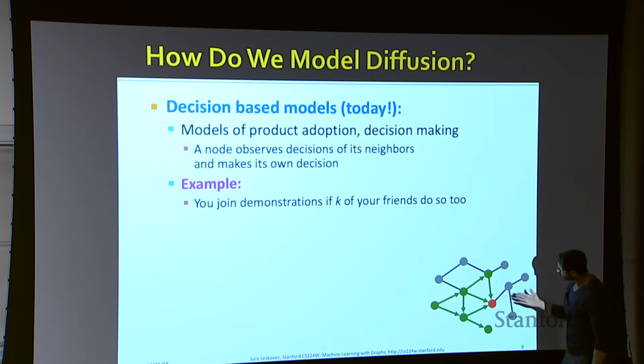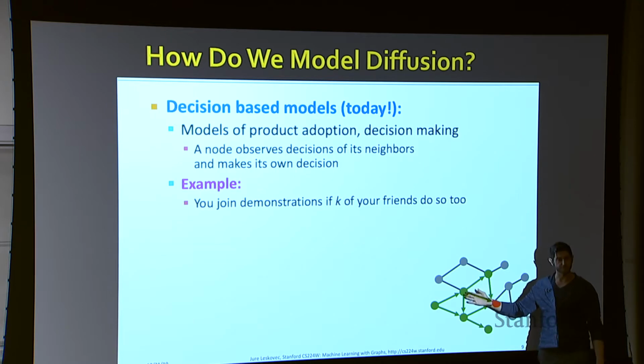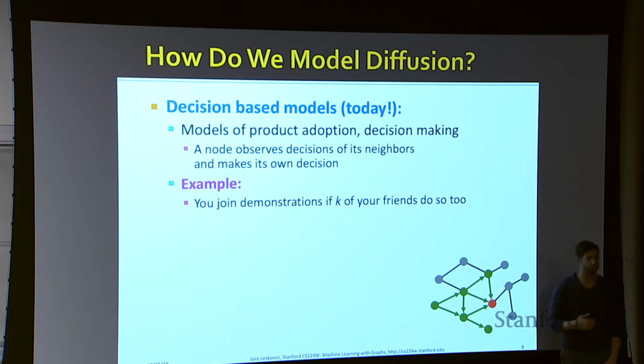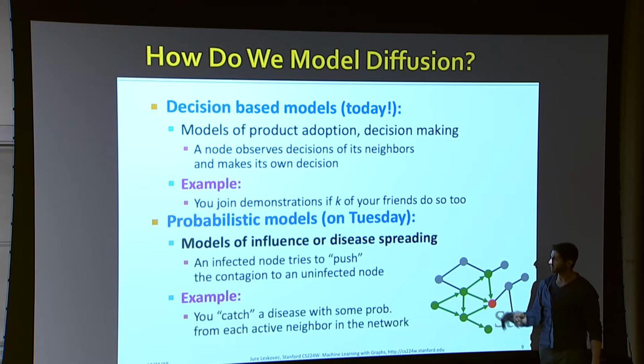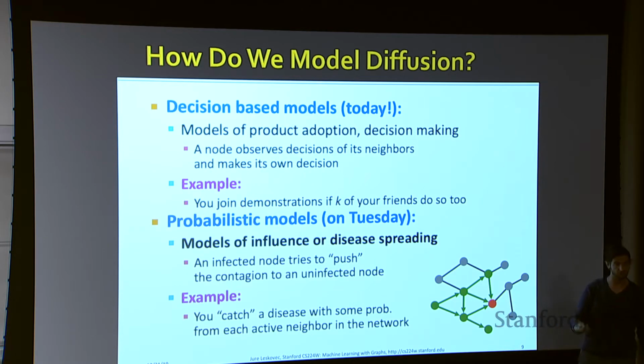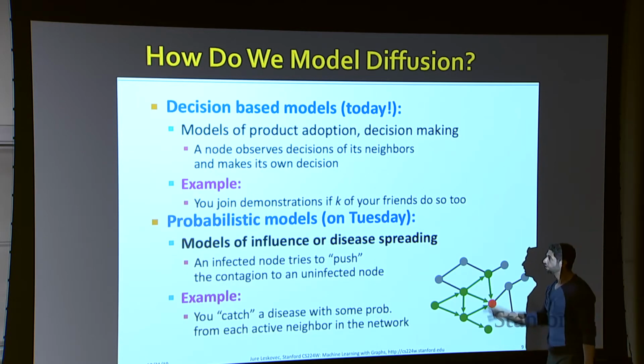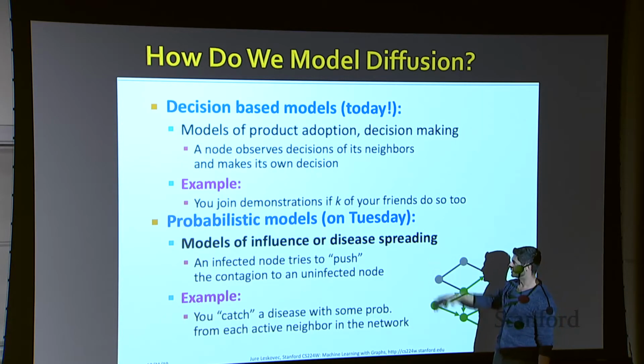In the case of epidemics, instead, this model will not work, right? In most cases, no one makes a deliberate choice to get a virus. So in that case we're going to have a probabilistic model instead, which we're going to be seeing next Tuesday. Here, we're going to try to model the influence or the disease spreading.